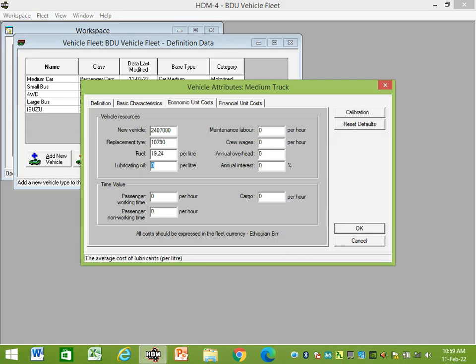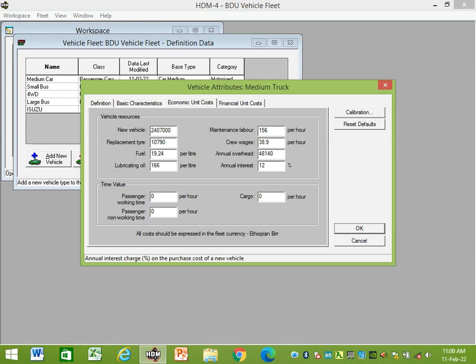Lubricating oil is 166 economic. Maintenance labor, medium truck, 156. Crew wages economic 38.9. Overhead 48,140.